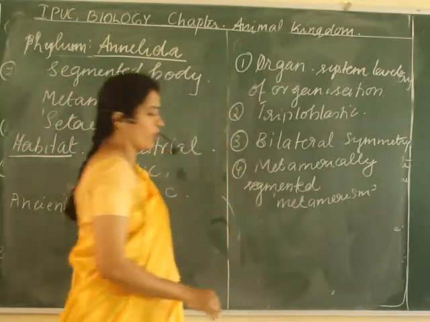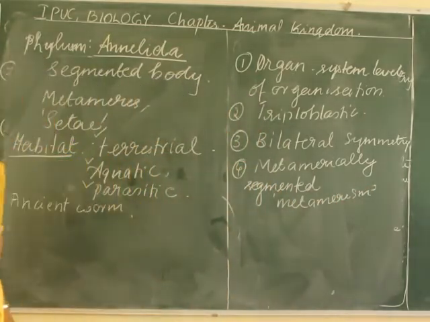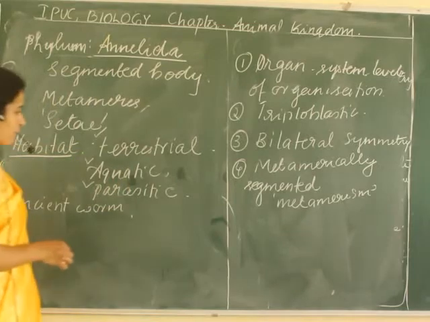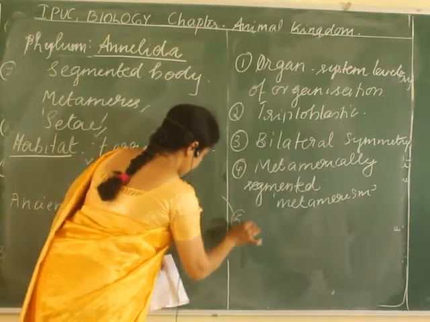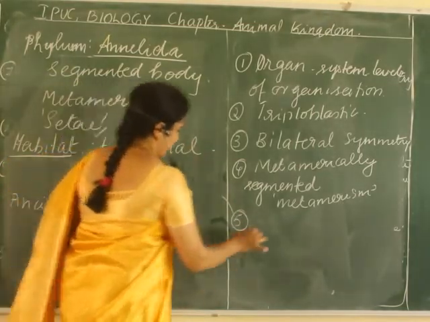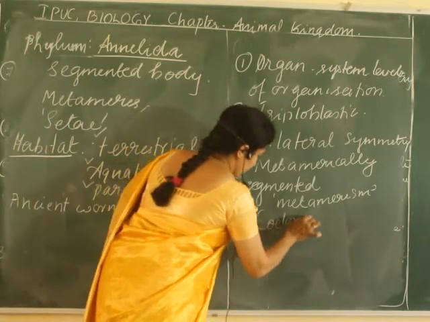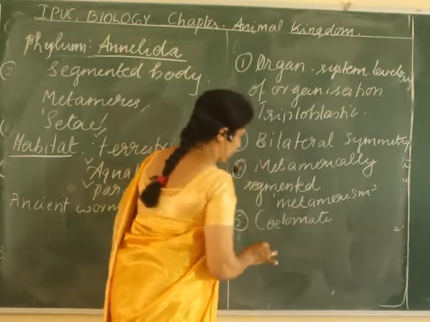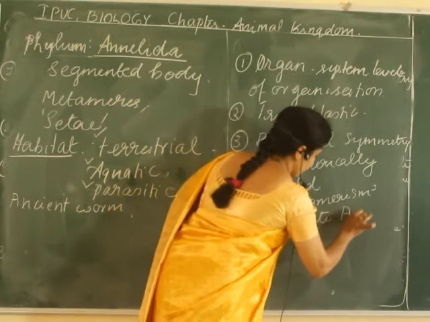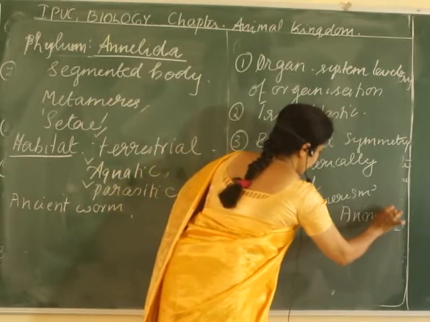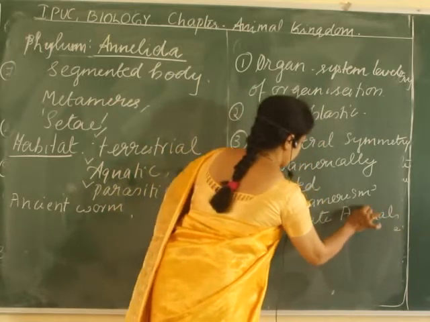Metamerism is the phenomenon of repeating units found in the phylum Annelida. Then the next feature: they are coelomate animals. They are not acoelomate, they are not pseudocoelomate, they are coelomate animals.